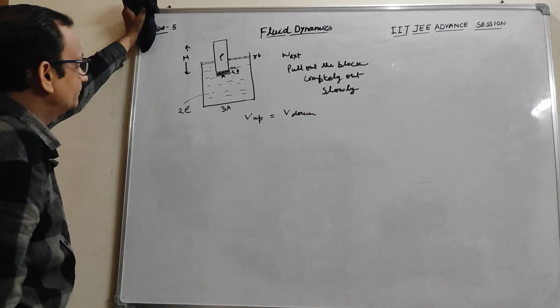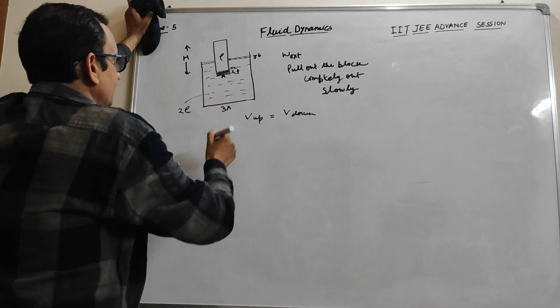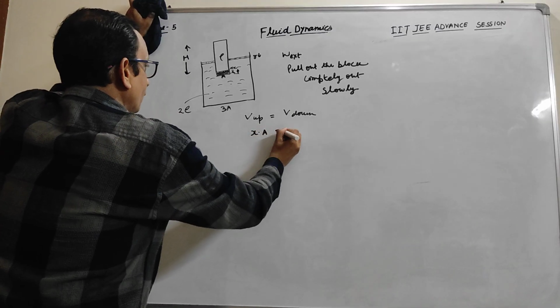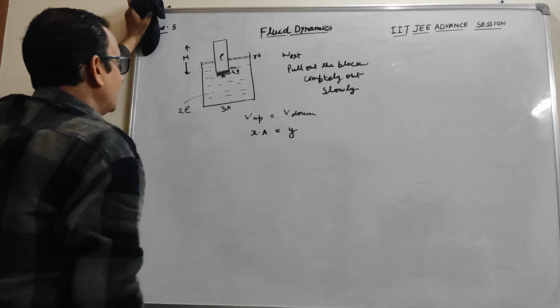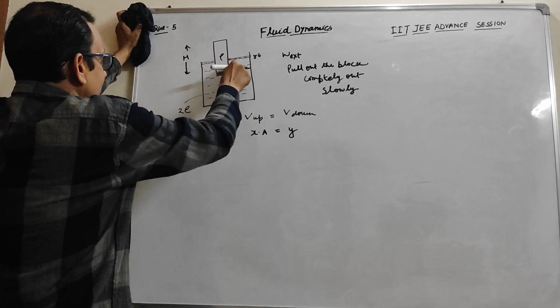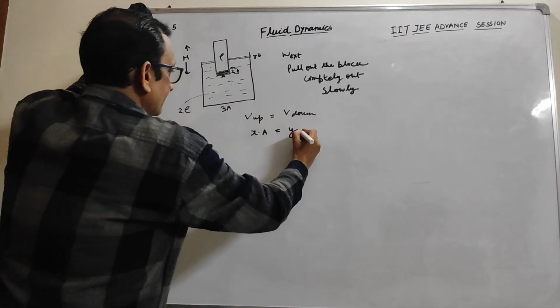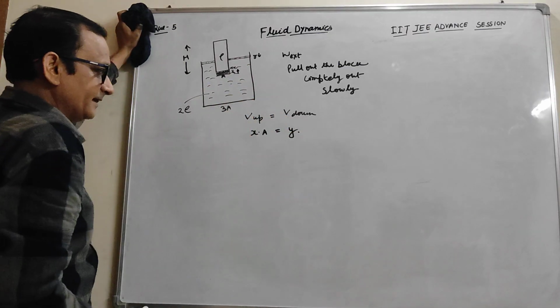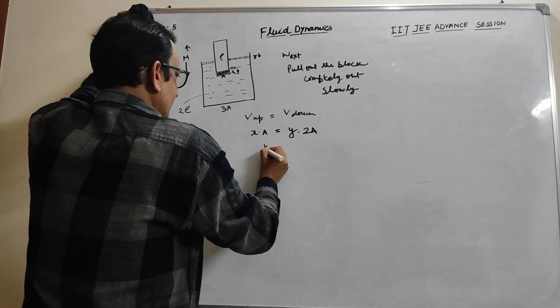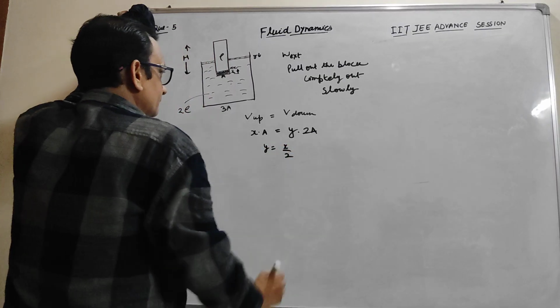Volume up is x times area, x into A. Volume down is y times area. The total area is 3A, so the remaining area becomes 2A. So y is equal to x by 2.